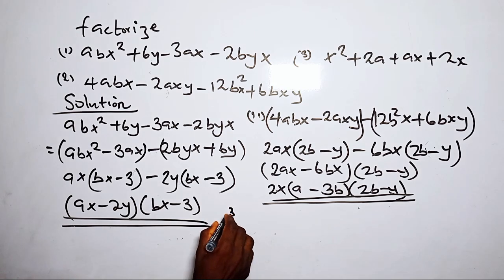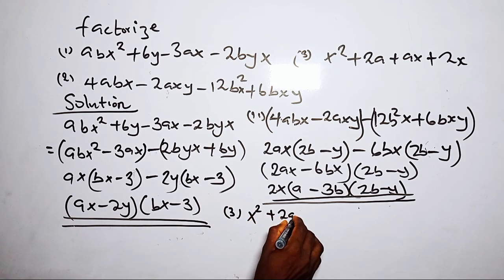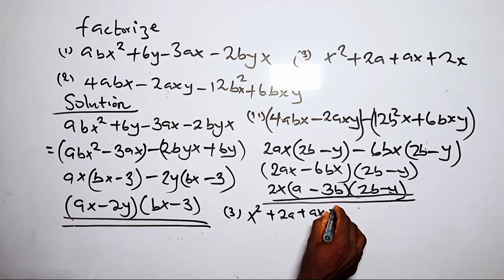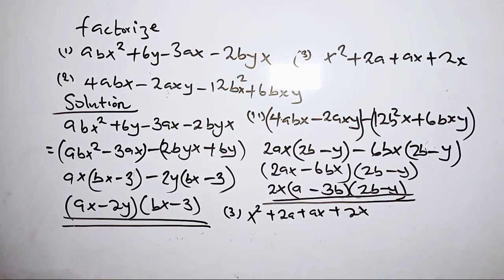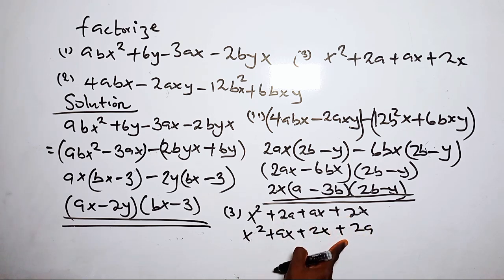We have this as x squared plus 2a plus ax plus 2x. Okay, so when we look at this, we have x squared, we have 2a. So let's look for what is common. So let's pick x squared, okay, plus ax, okay, plus 2x plus 2a.